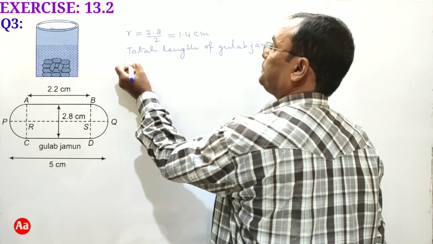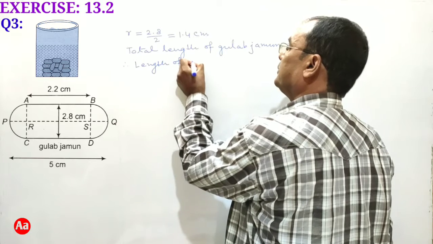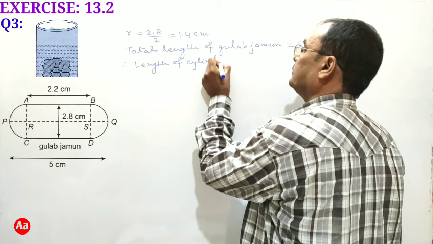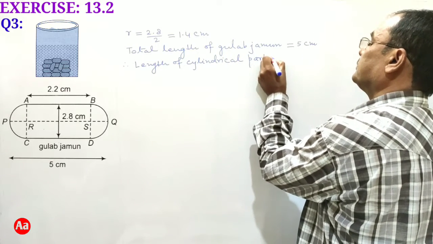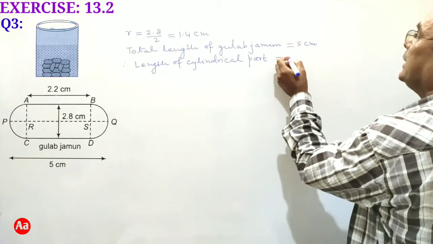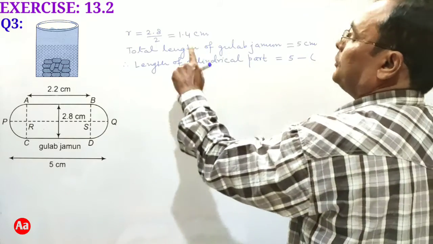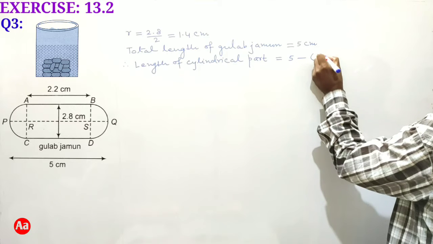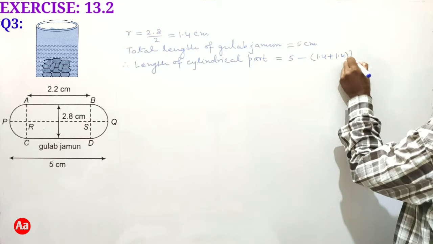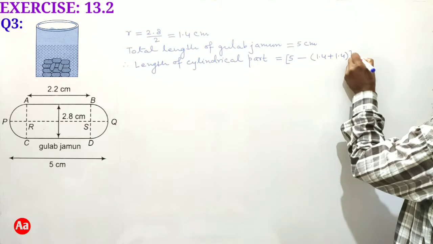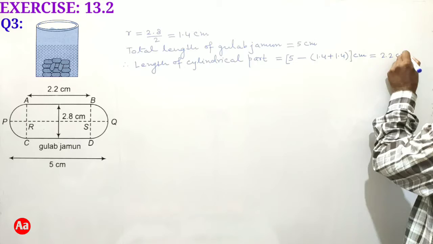Therefore length of cylindrical part is equal to total length 5 centimeter minus radii of both the hemispherical ends, that is 1.4 plus 1.4 centimeter, which is equal to 2.2 centimeter.